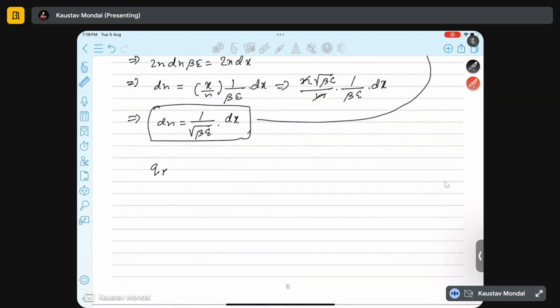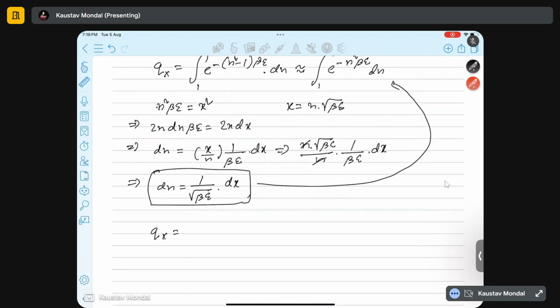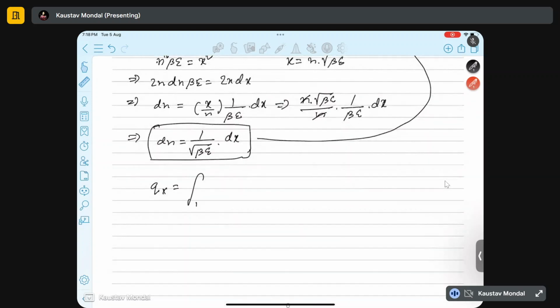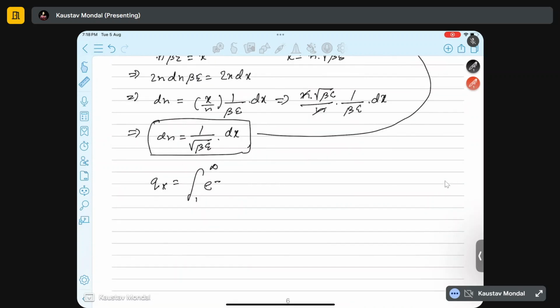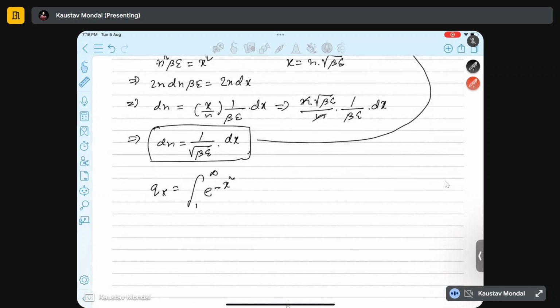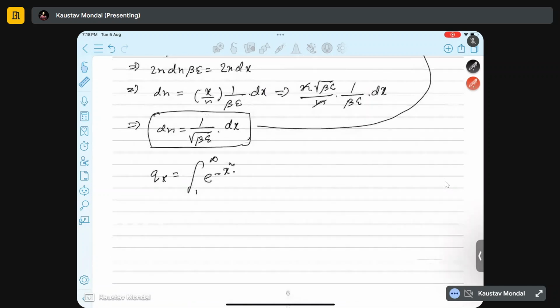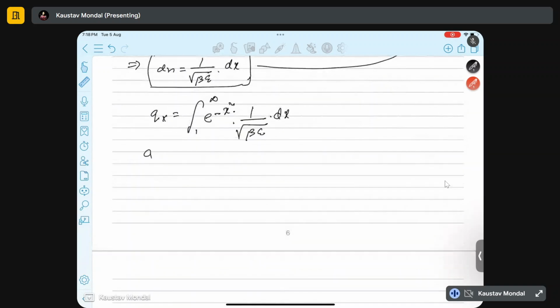So qx is the integral from 1 to infinity of e to the power minus x square into 1 by root under beta e dx. Okay. Now you can take this 1 by root under beta e outside.